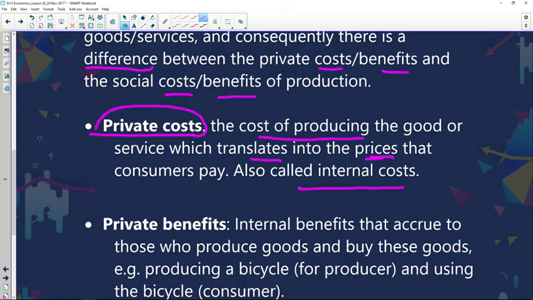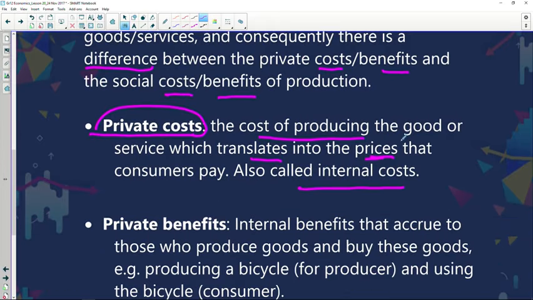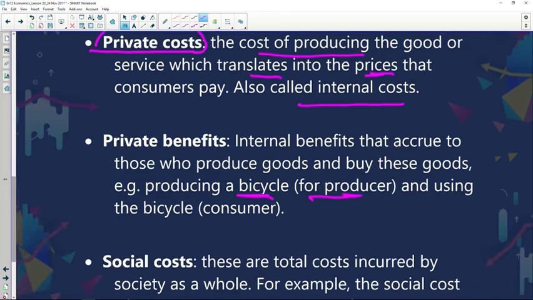Also, in this explanation, I did mention private benefits as well, so what are private benefits? Because now we've looked at what private costs are. Private benefits are internal benefits that accrue to those who produce goods and buy these goods. For example, producing a bicycle, that would be for the producer, and using the bicycle, that would be the consumer.